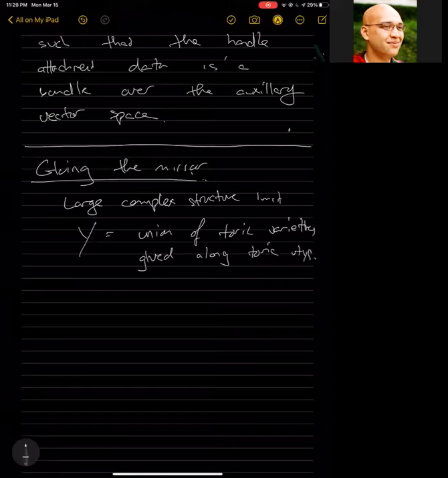So just some examples. If it's supposed to be the limit of some kind of deformation, like for instance, if I was taking the limit of an elliptic curve, maybe its limit is like 3 P1s.